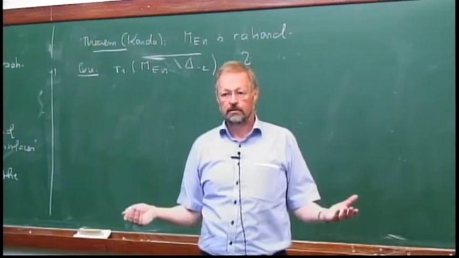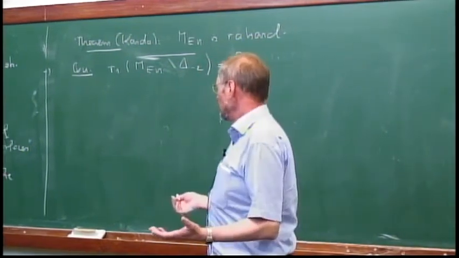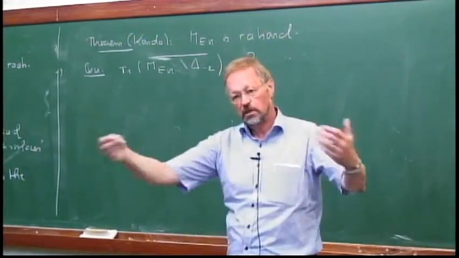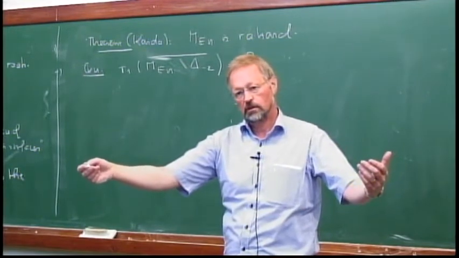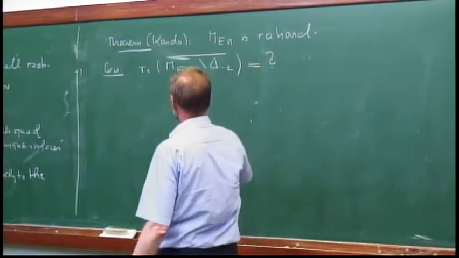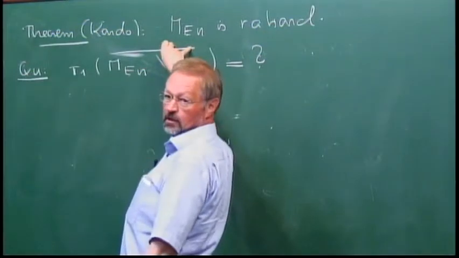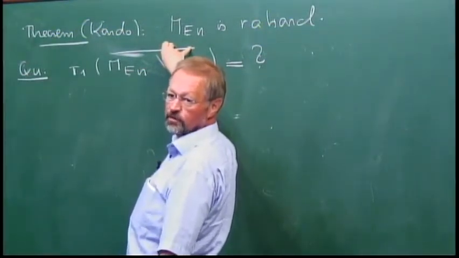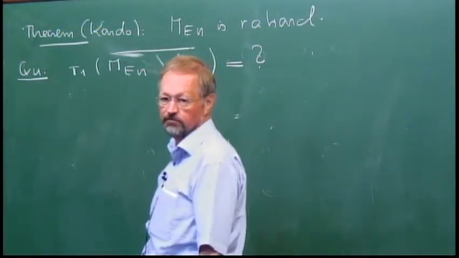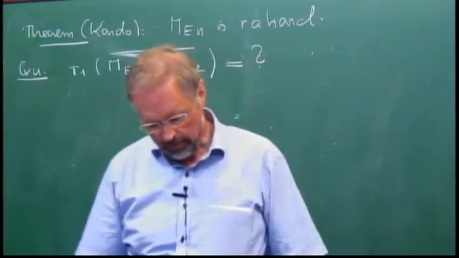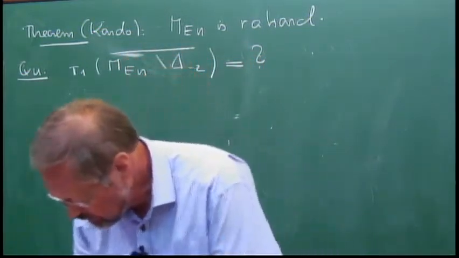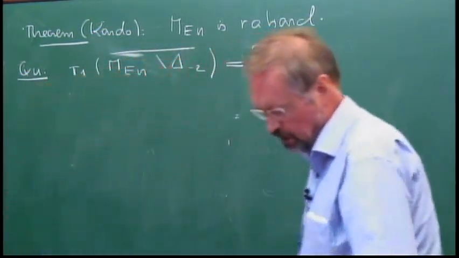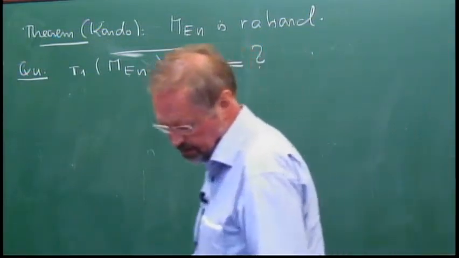You can take the closure of the delta minus 2 inside, or first compactify and then remove the closure of that hypersurface, I think. I hadn't really planned on saying that, but I don't think it matters.